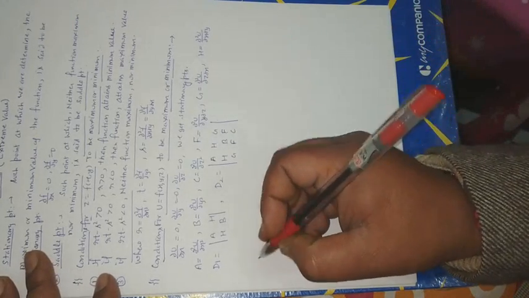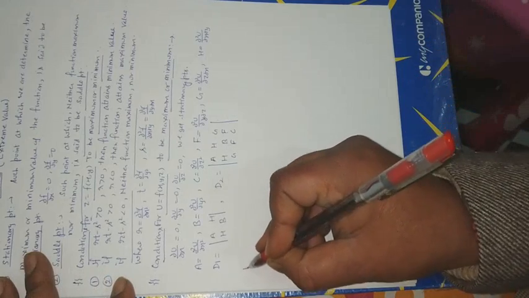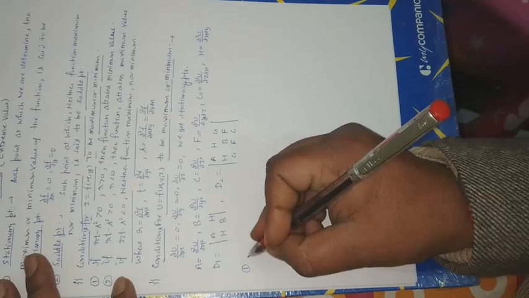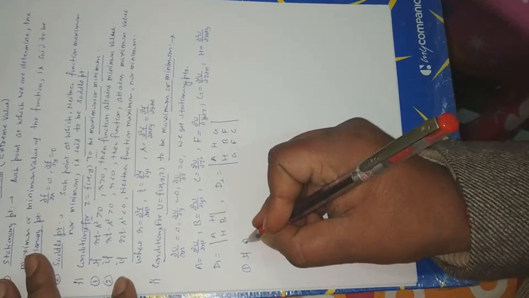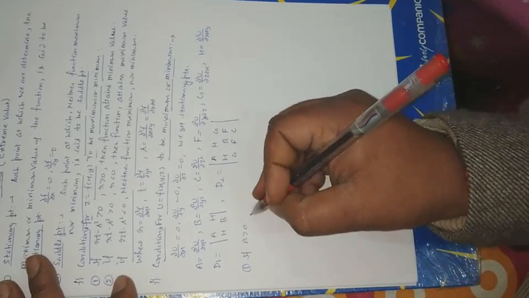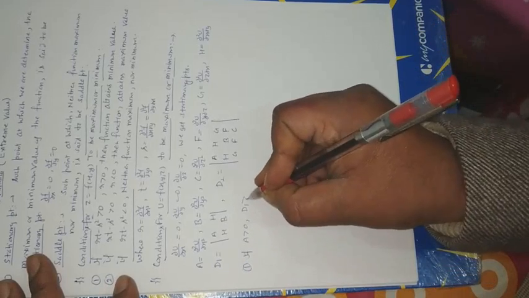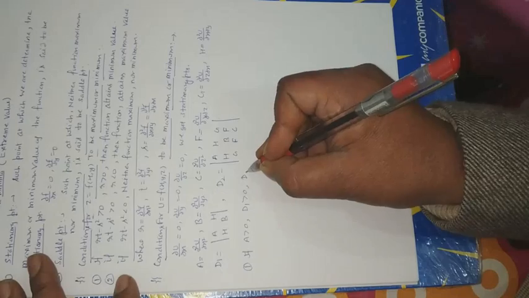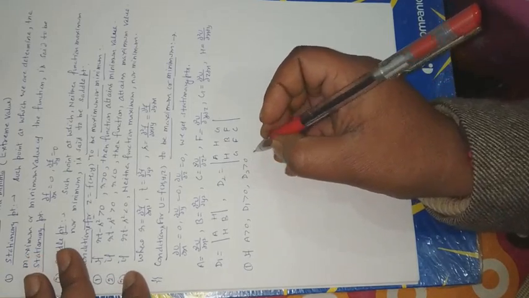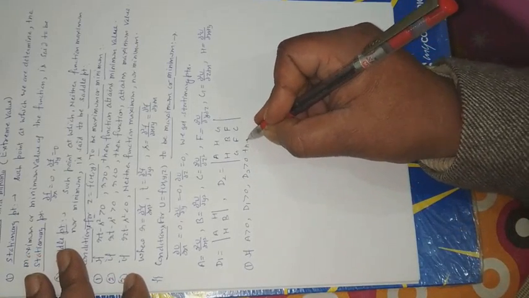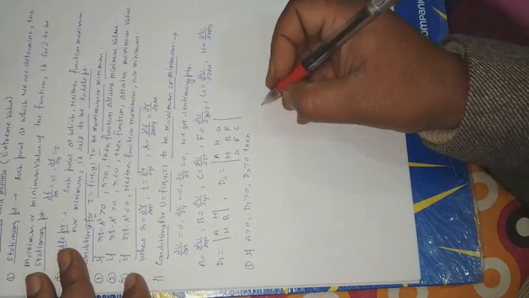After this, first condition: if capital A is greater than 0, capital D1 greater than 0, capital D2 greater than 0, then u will be minimum.